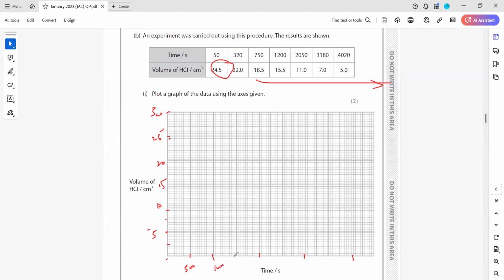This will be 1000, 1500, 2000, 2500, 3000, 3500, 4000, 4500.